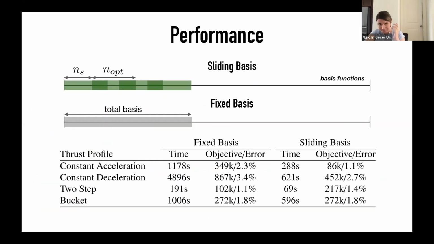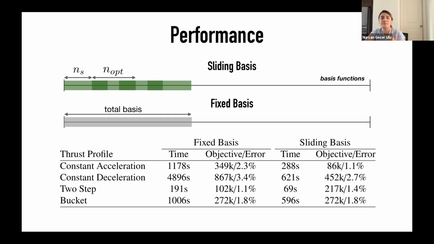If you look at the performance of our approach, we compare it with the fixed basis approach. Basically, we are still using Laplacian basis functions, but instead of optimizing a small number of them at each step, we optimize all of the covered bases in one pass. How would they compare?